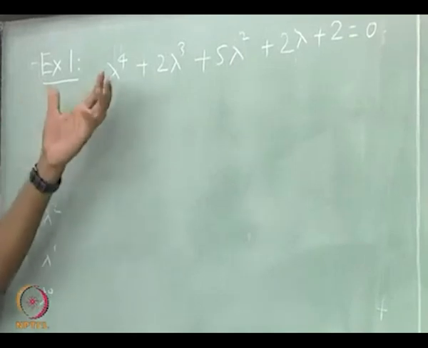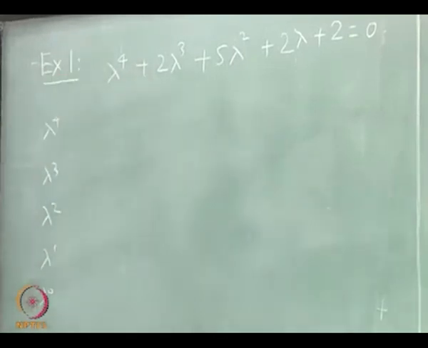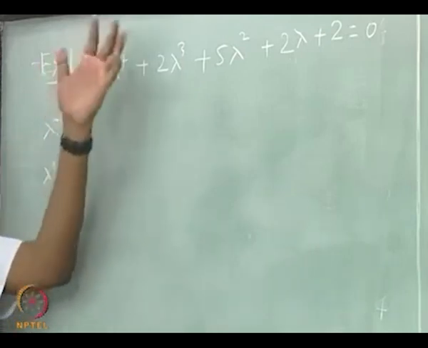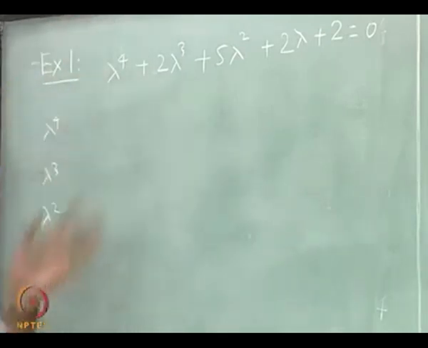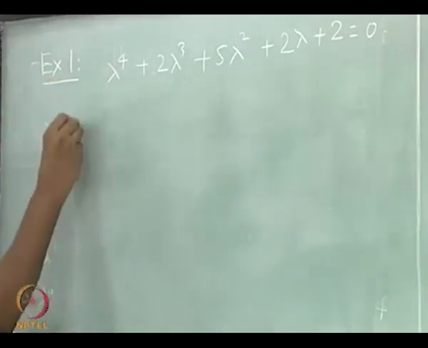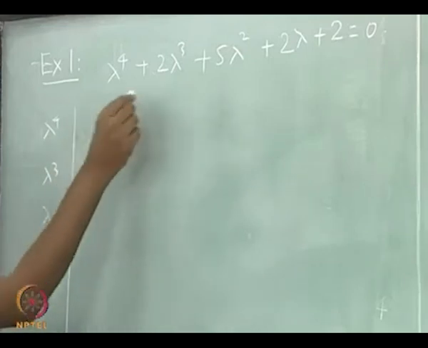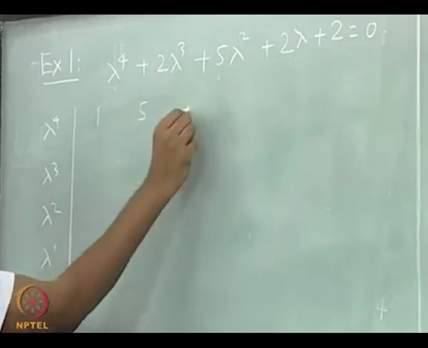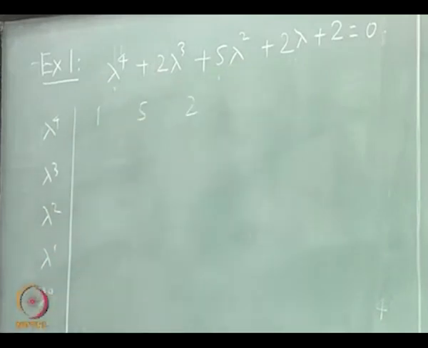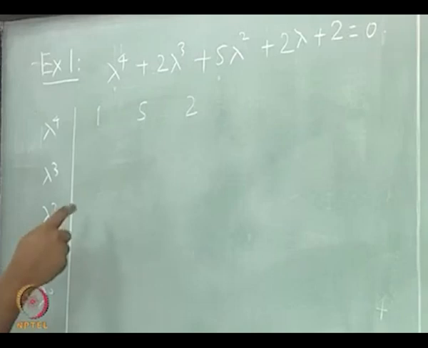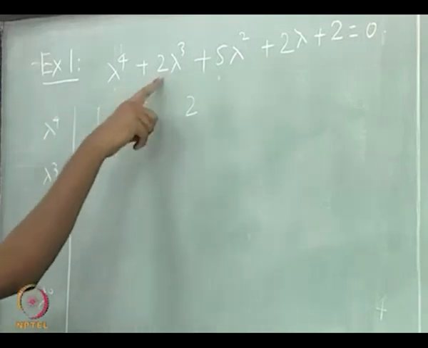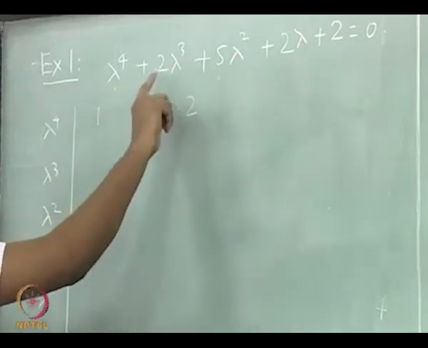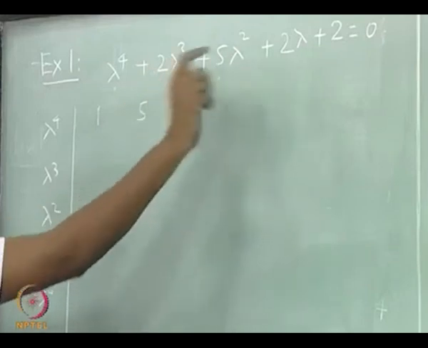The most interesting part of this is that you can write higher order equations also in lambda, and you can carry out this exercise. So, 1, 5 and 2 will appear in the first row. Second row is 2, 2 and 2, right.